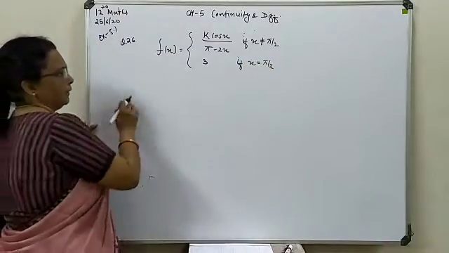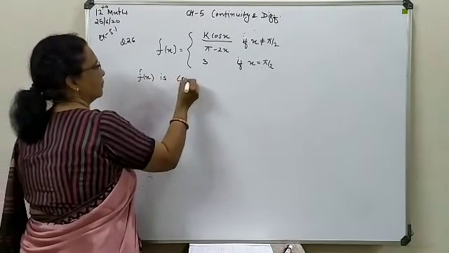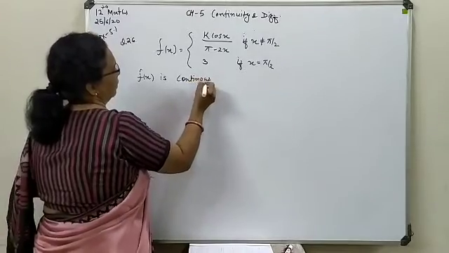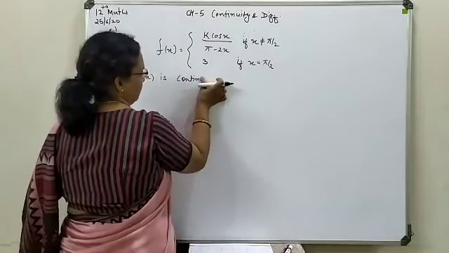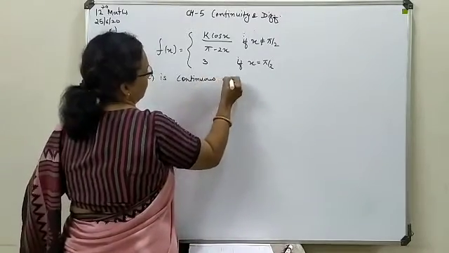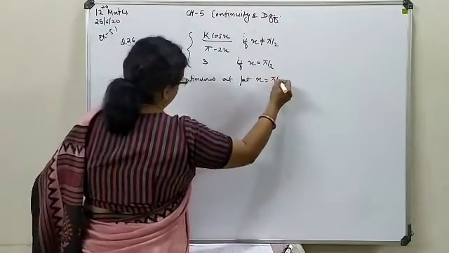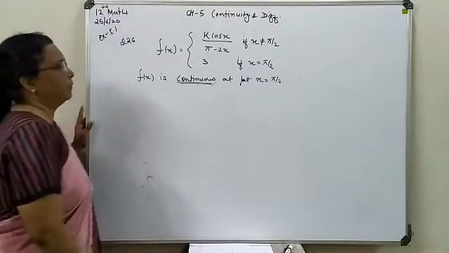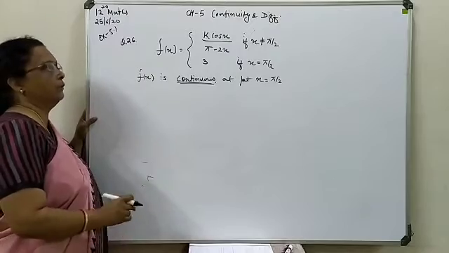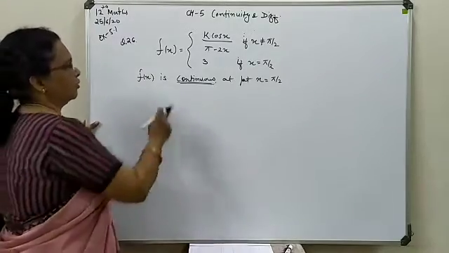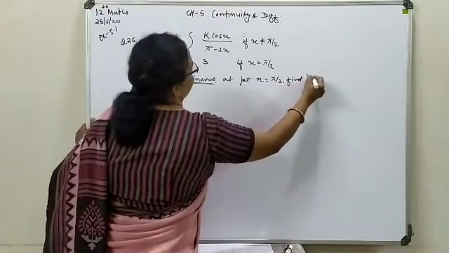Now it is also given that this f(x) is continuous at the point x is equal to pi by 2. So this is a basic condition available to us, that the given function is a continuous one. Now we have to find the value of k.